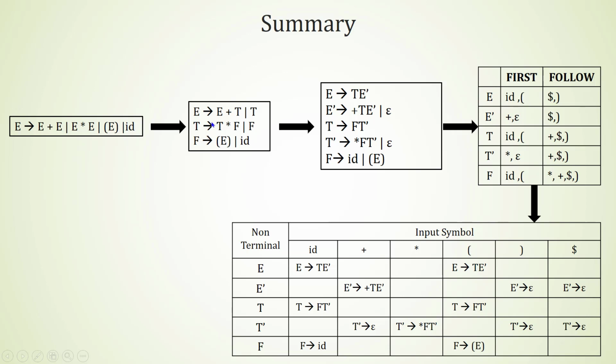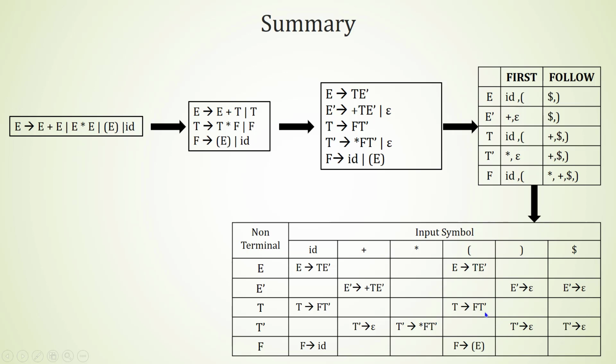While doing associativity, we know it causes left recursion. We already discussed we have to avoid left recursion. So after avoiding left recursion, I got a grammar like this. From that grammar, we estimated first and follow, and based on that first and follow, we created a parsing table.